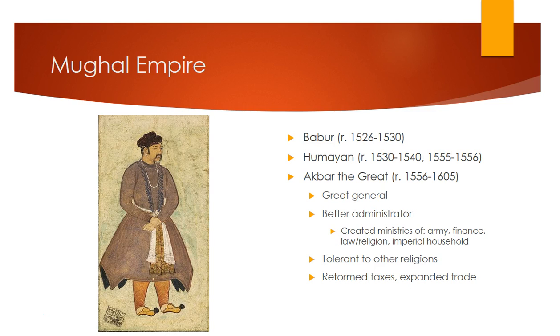But the other ones had a lot of other people of different faiths in it. Akbar also lowered the taxes on the poor and expanded trade. So during his time, not only did the Mughal Empire triple in size, the economy also tripled in size. So Akbar was pretty great.